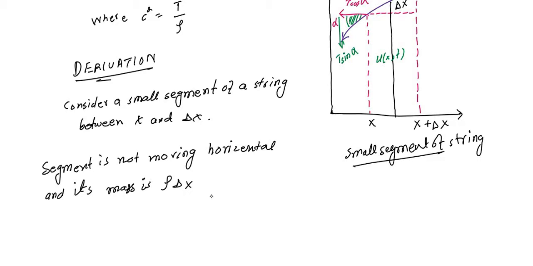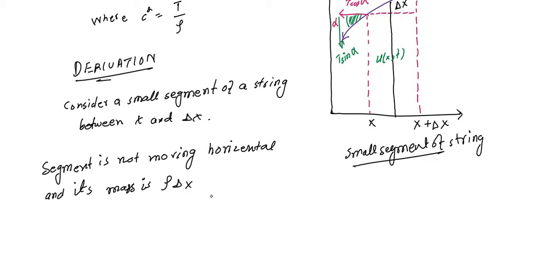Why is it so? Because the deflection is so small. What is u? It is actually your vibration, so you can say deflection. Deflection is represented by u.